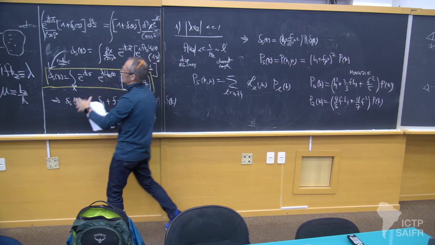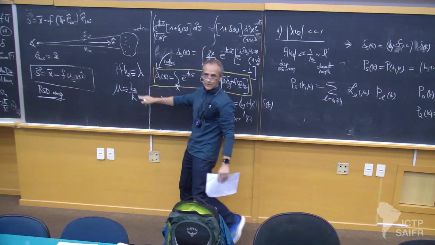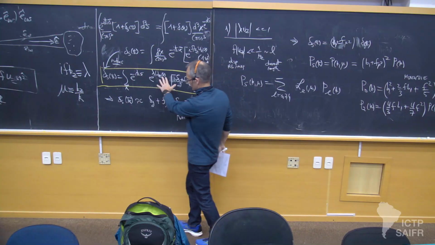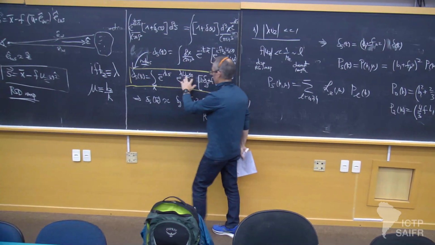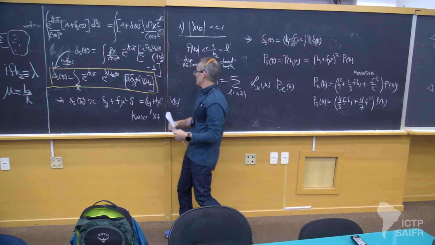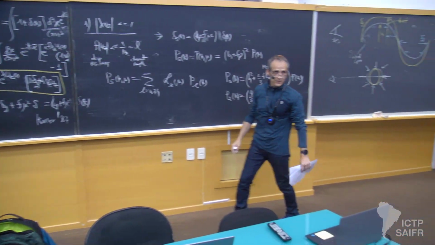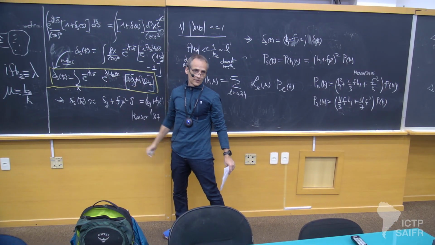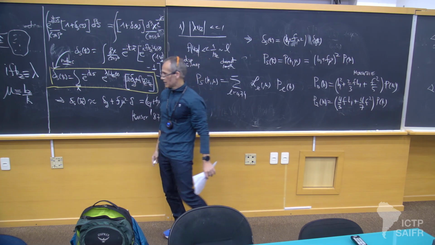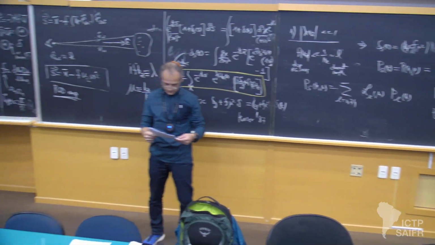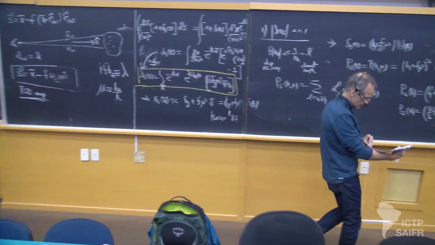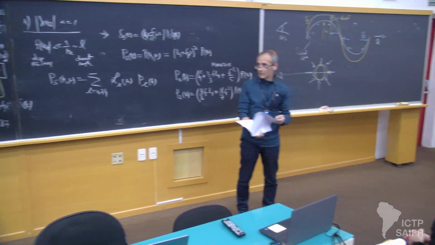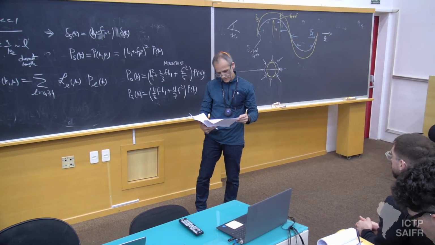Okay, because this lambda depends on the angle with respect to the line of sight. And it's largest if you are at mu equals 1. So essentially now, instead of enhancing perturbations along the line of sight, this highly oscillating phase is going to decrease things along the line of sight. And that's why the sign of the quadrupole changes, okay? So I need to move into the picture, so sorry.